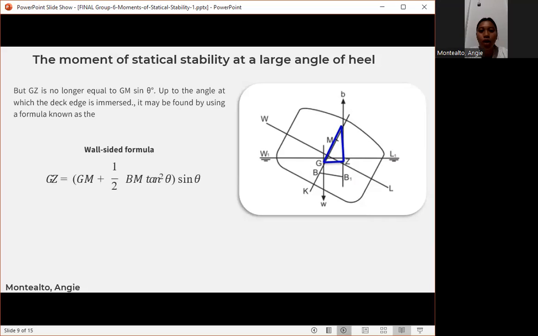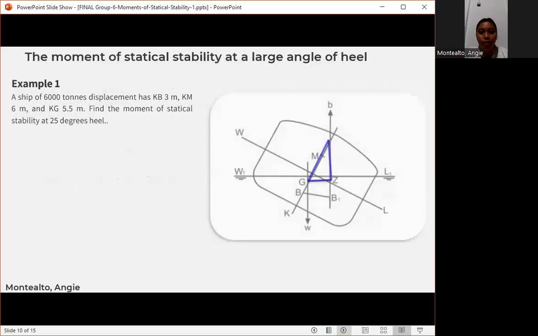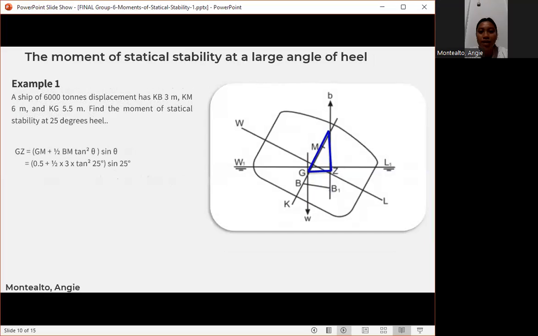So let's proceed to example number 1. A ship of 6,000 tons displacement has KB of 3 meters, KM of 6 meters, and KG of 5.5 meters. Find the moment of statical stability at 25 degrees heel. We already know that we are going to use the wall-sided formula. To get the GM, let's subtract KG, which is 5.5 meters, from KM, which is 6 meters.